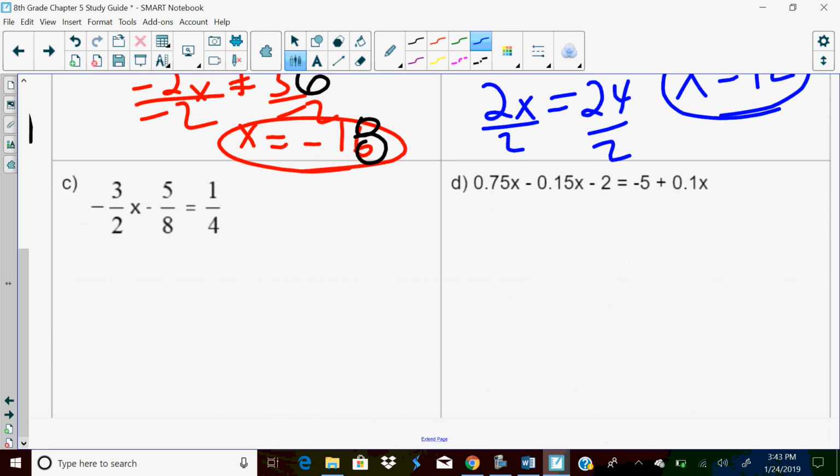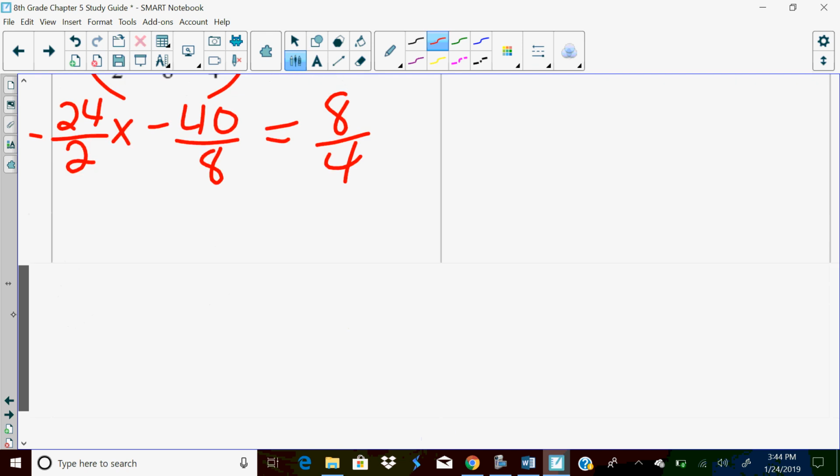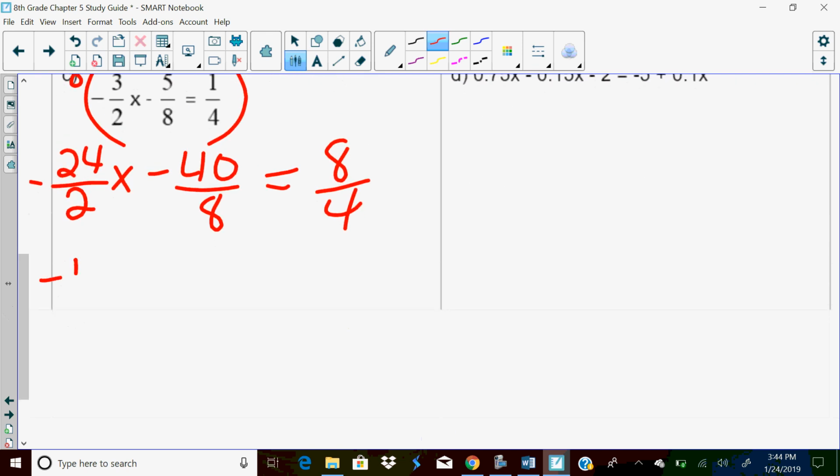Problem C, I have to use fraction busters. So I'm going to multiply everything by 8. So I'm going to get 24 negative over 2x minus 40 over 8 equals 8 over 4. So I'm going to get negative 12x minus 5 equals 2.